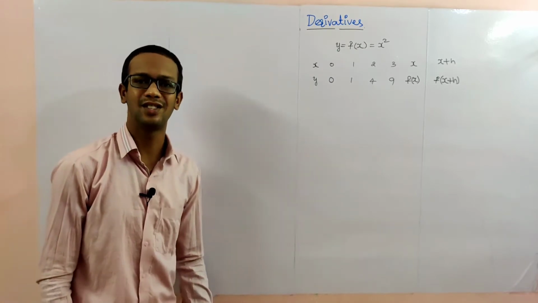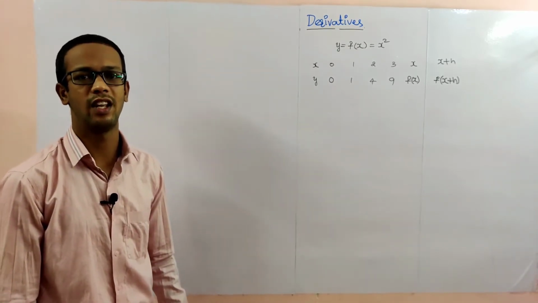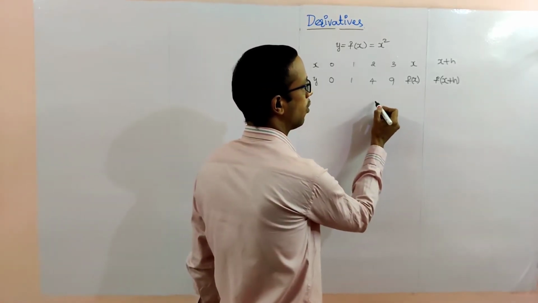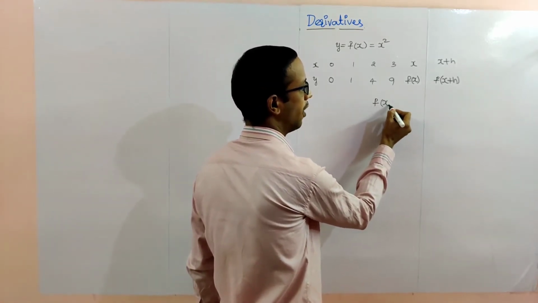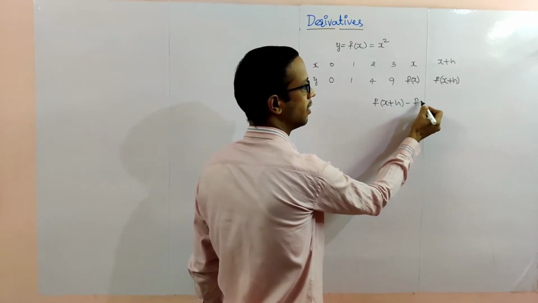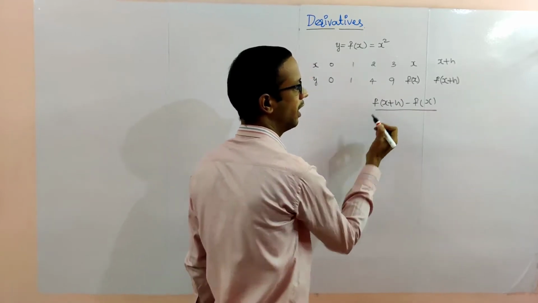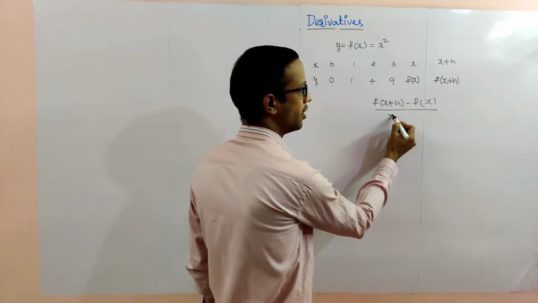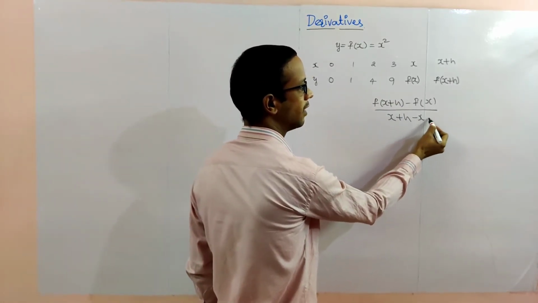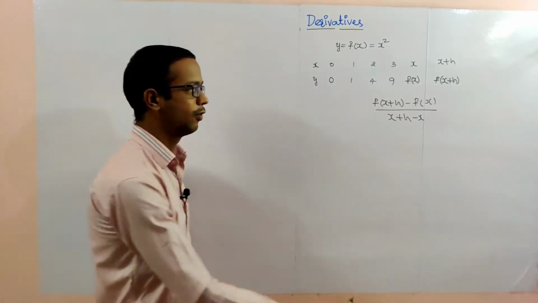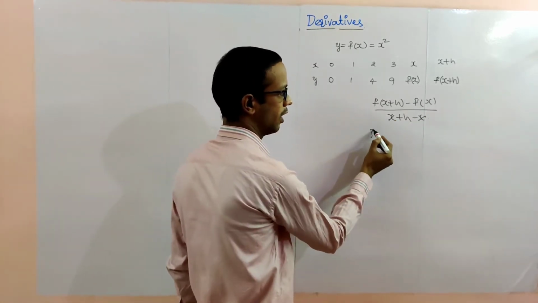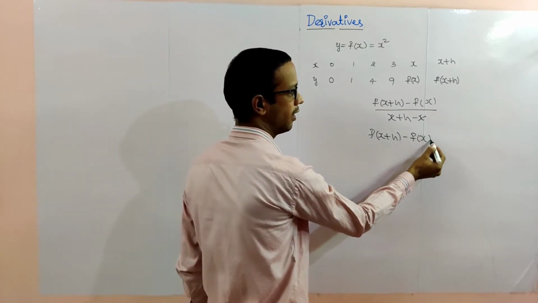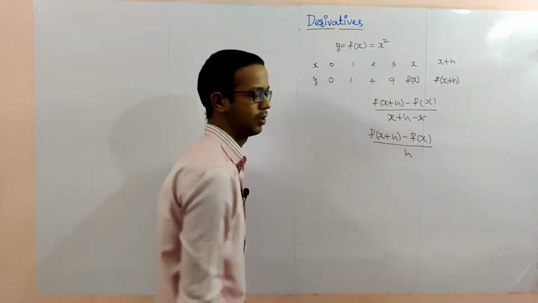So now what is the rate of change? How will we find it? We have to find f of x plus h minus f of x, the change in y values, divided by the change in x values, x plus h minus x. After cancellation, we get f of x plus h minus f of x divided by h.